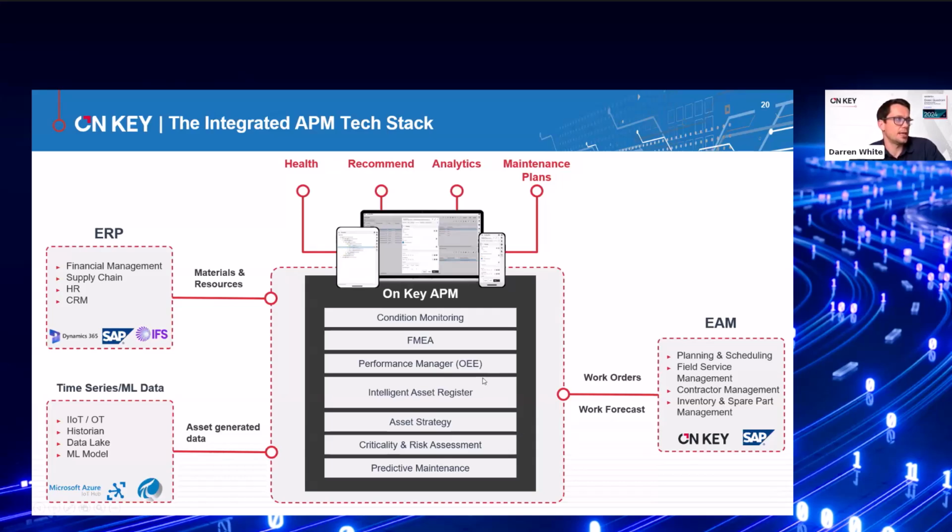And how do you get that output? There are a couple of features that support that outcome: condition monitoring, your FMEA, your OEE, your intelligent asset register, etc., and then your criticality and risk assessment.